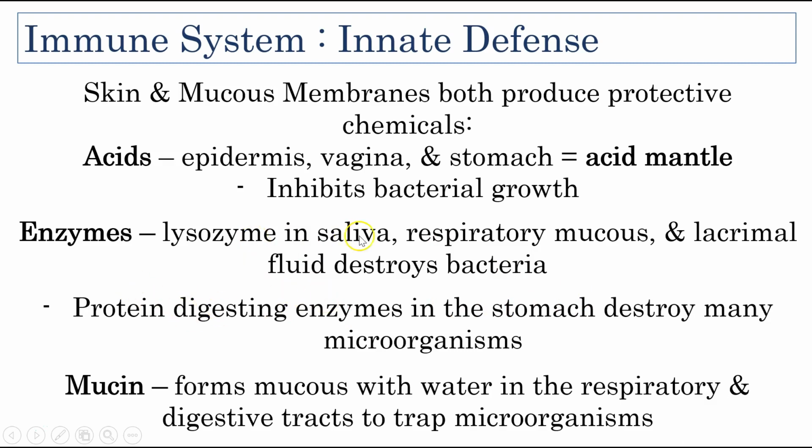Once we get to the stomach, we have already bypassed the mouth. Hopefully in the respiratory mucosa, the lysozyme will take care of it. And in the tears, we have just basically entered the body. And we have a couple other secondary defenses in the eyes for removing things, such as blinking and the eyelashes.